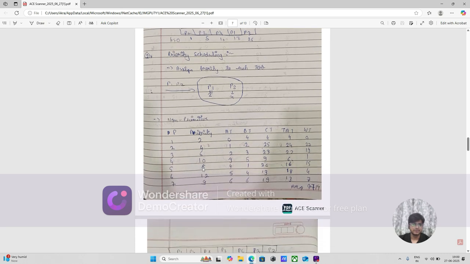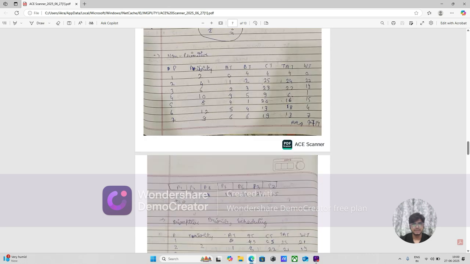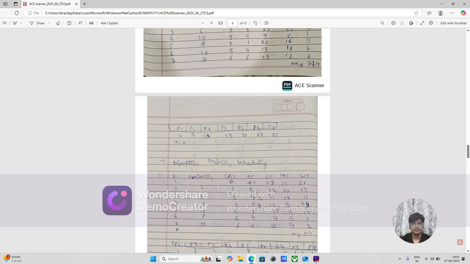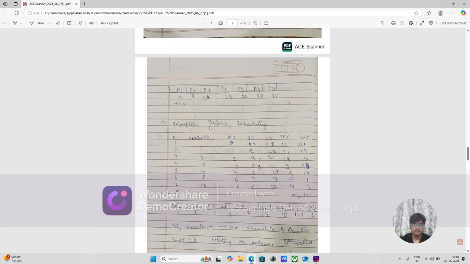This is the non-preemptive. If you see, non-preemptive has no time sharing, but if we apply this same priority algorithm in preemptive, then we have time sharing also. So let's say this process has 5 priority or 3 priority, and another process has not come yet in the ready queue.